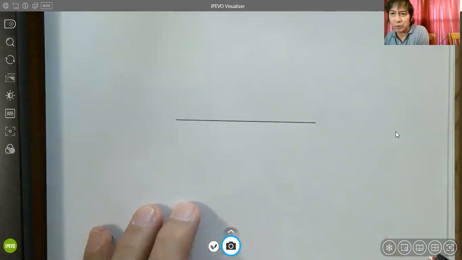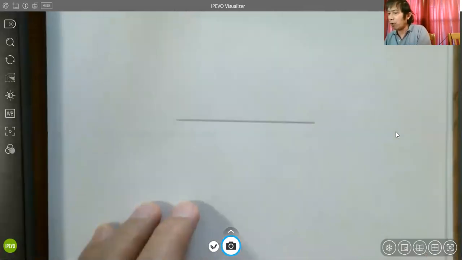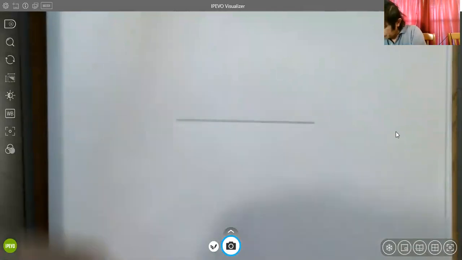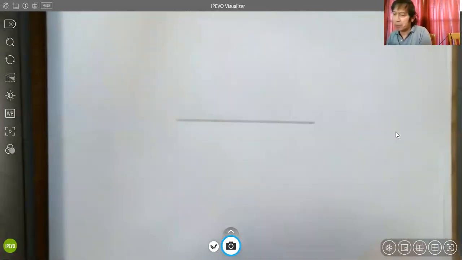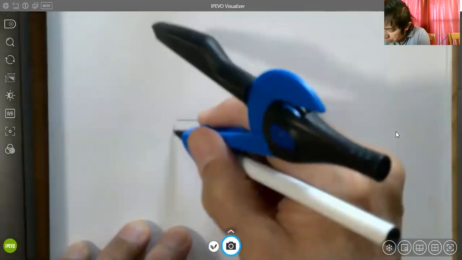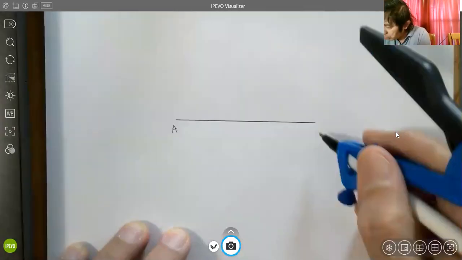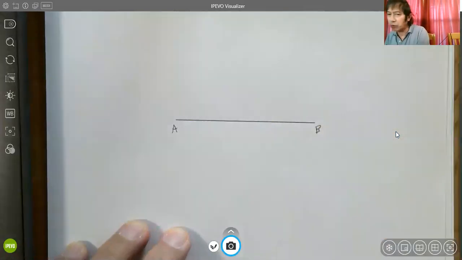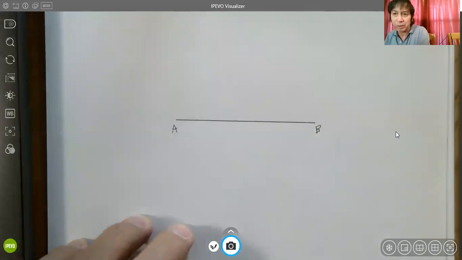That means we're going to determine the very center point, called the midpoint. Now we shall set our compass and make use of the endpoints. Let's call this point A and this point B. We're going to divide this 3-inch line segment into two 1.5-inch segments.